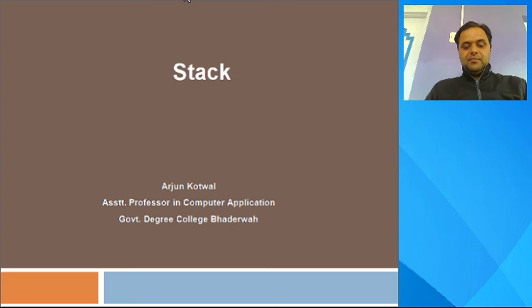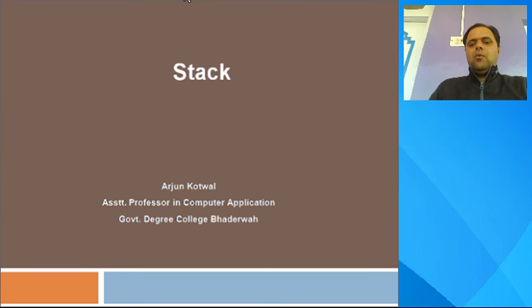Observe that an item may be added or removed only from the top of the stack. This means, in particular, the last item to be added in a stack is the first item to be removed. Accordingly, stacks are called last in first out, or LIFO.